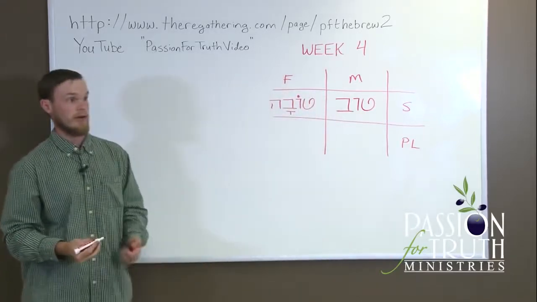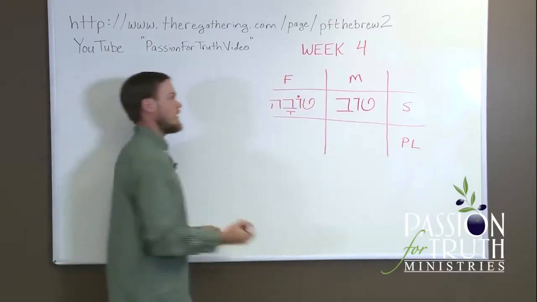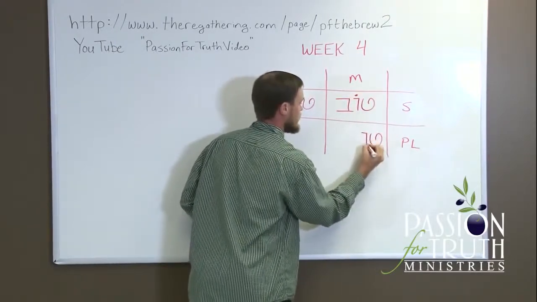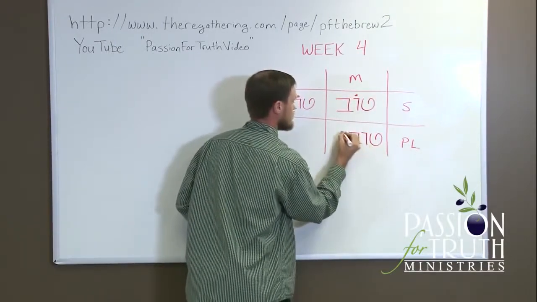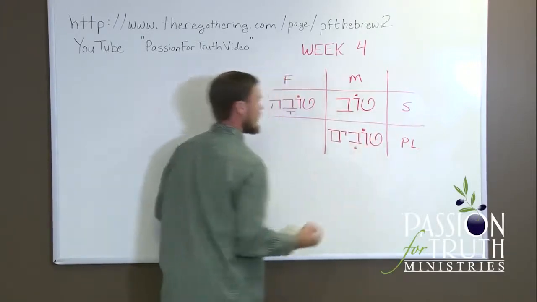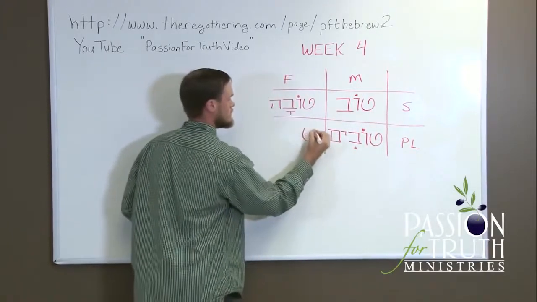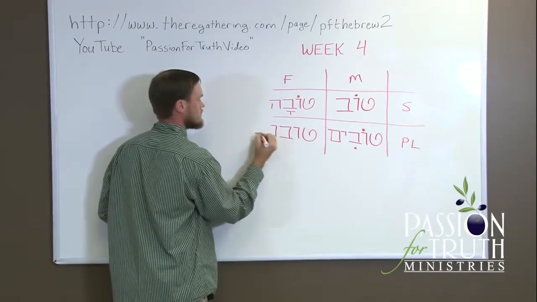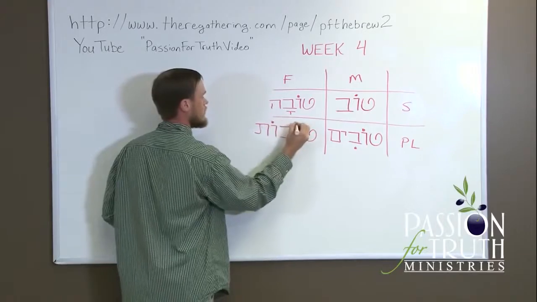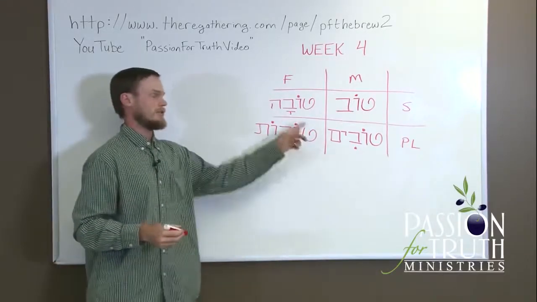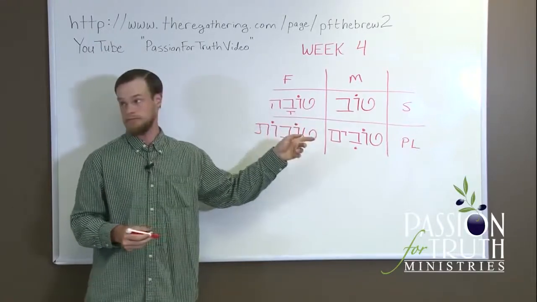Masculine plural is tovim. And feminine plural is tovot. So every Hebrew adjective has these 4 forms inherent in it.